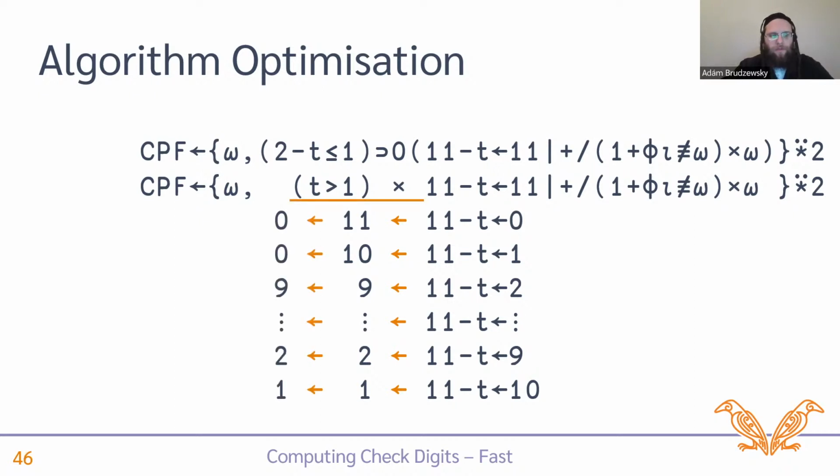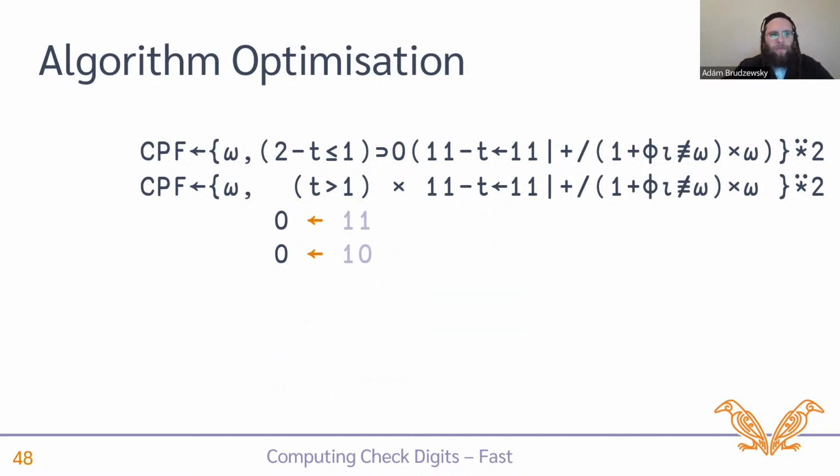And then we have the special rule, remember, that if t was 0 or 1, which are the first two cases here, then we need to null out those values. So we need to get 0 instead of 10 and 11. Let's keep that in mind, that 10 and 11 need to be removed in favor of a 0 instead.